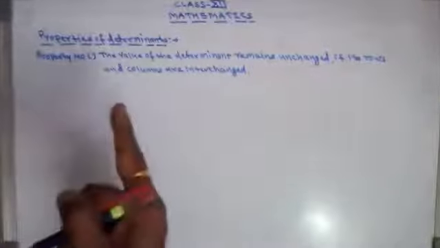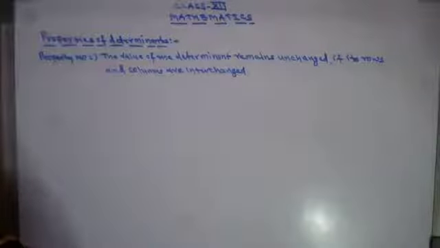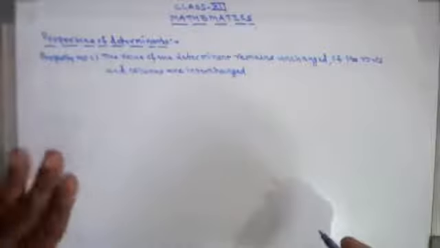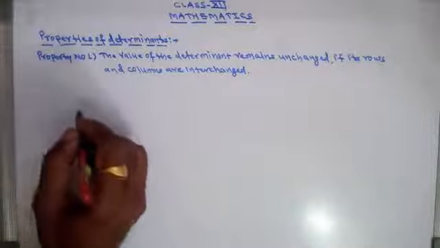Okay, so here the first property is: the value of the determinant remains unchanged if its rows and columns are interchanged. We shall verify this property by taking an example. So, verification.